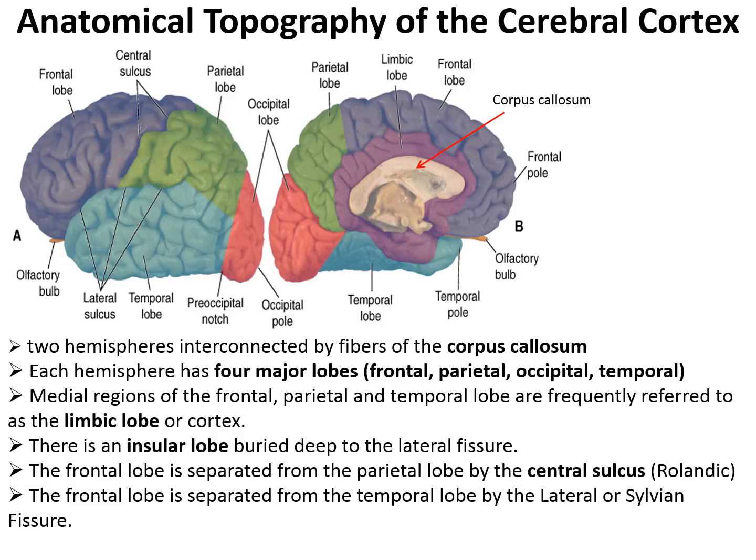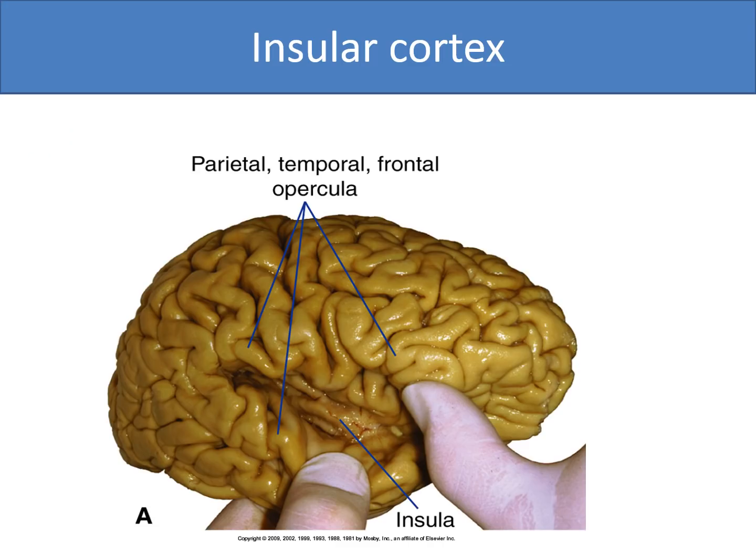The frontal lobe is separated from the temporal lobe by the lateral or Sylvian fissure. If we remove the coverings of the brain and just look at the cortex, and then open up the fissure between the temporal lobe and the frontal lobe, we can see a number of other structures that have small gyri. That's the insula.